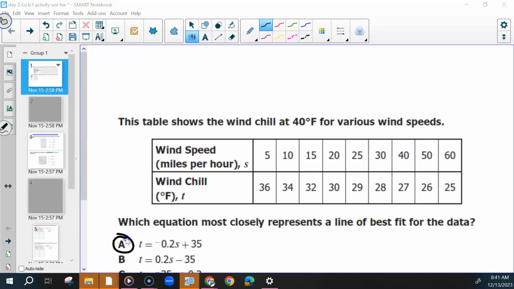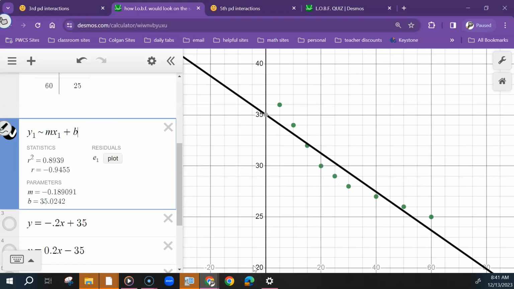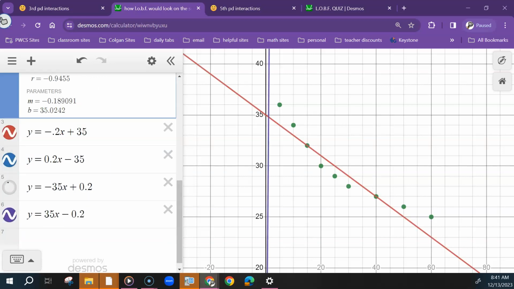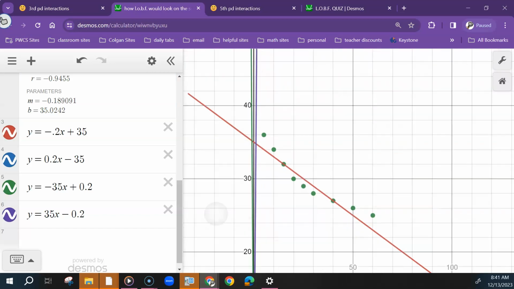But I'm going to show you another way you could have done this as well. So maybe you put in the table, but maybe you didn't do this part, but put in each of the answers. You can see which one is around the points. The blue is not even showing.